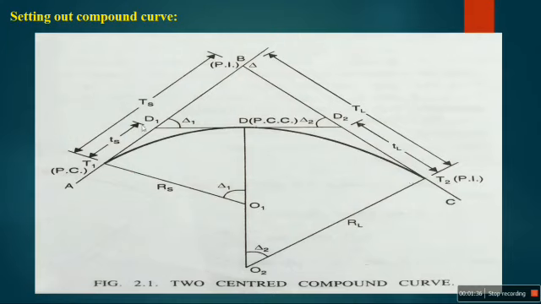Whatever method is used in Rankine's method, the same method is used here. But the only difference is, after setting out the first curve, we have to shift the instrument to the D point.